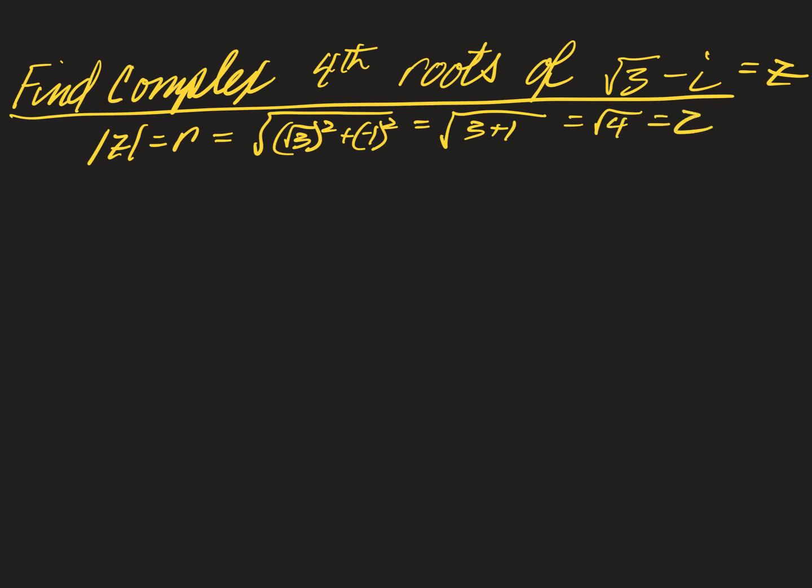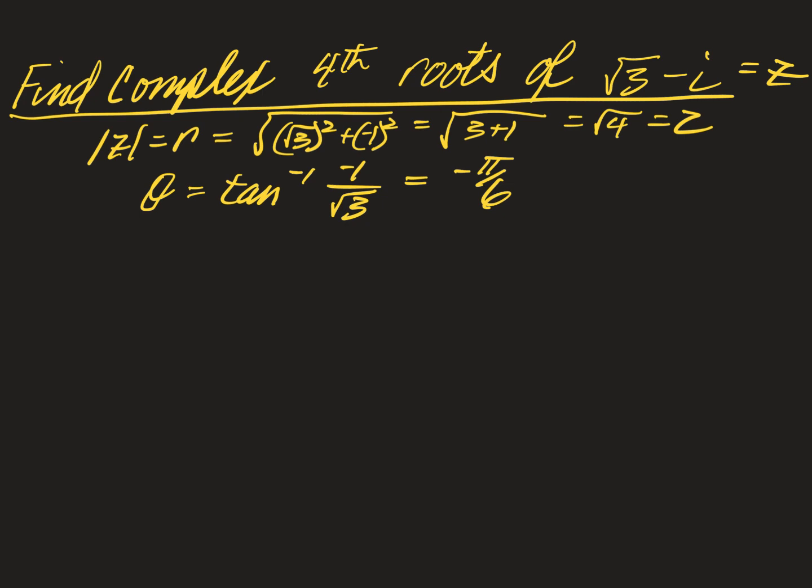And then I want theta. Theta is equal to the inverse tangent of negative 1 over the square root of 3. And so I know this angle is in the fourth quadrant, and we've done this before. This one's negative pi over 6. Theta is negative pi over 6. So there's my angles.